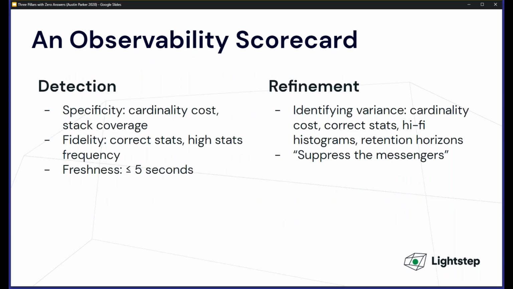So if we boil this down, these are the things you want to evaluate, right? You want to evaluate detection on specificity, fidelity, and freshness. You want to evaluate refinement by how you are identifying variance, lowering cardinality costs, accurate statistics, high fidelity histograms, retention horizons, and strong context so you can suppress intermediate failures.